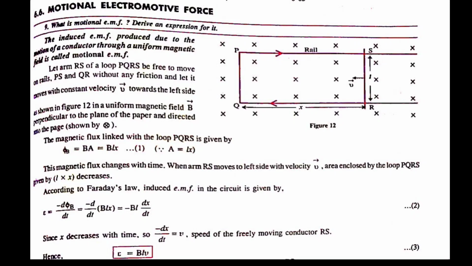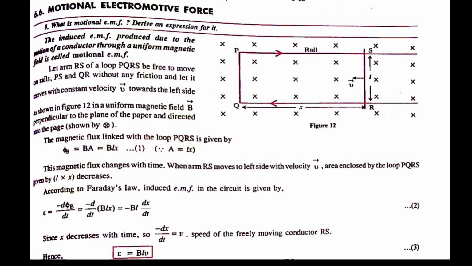The magnetic flux we know, and we write down its formula as equation number 1. Here the area can be changed by putting the value Lx, using the concept area is equal to length into breadth. This equation number 1 changes with time, that is, when arm RS moves to the left side with velocity V, the area enclosed by the loop goes on decreasing.